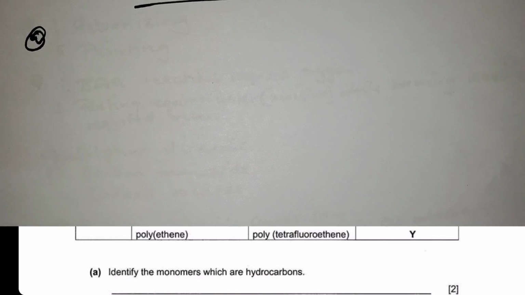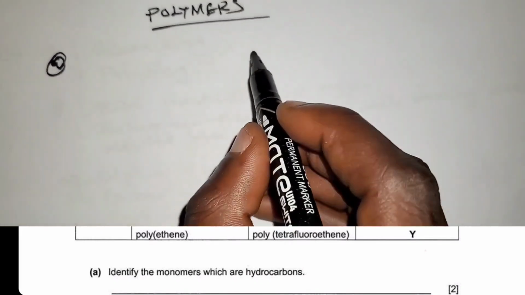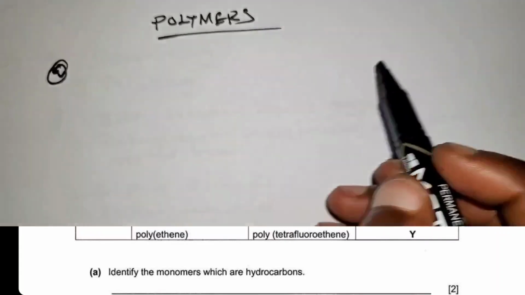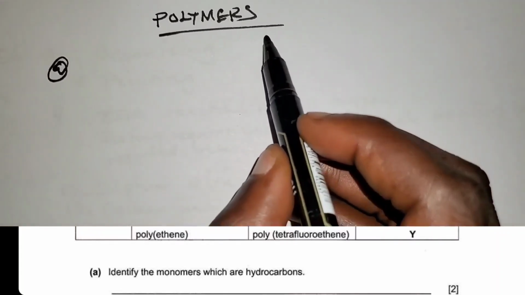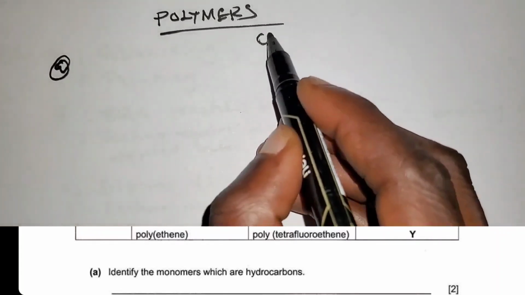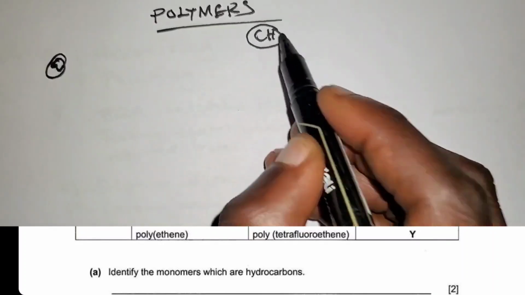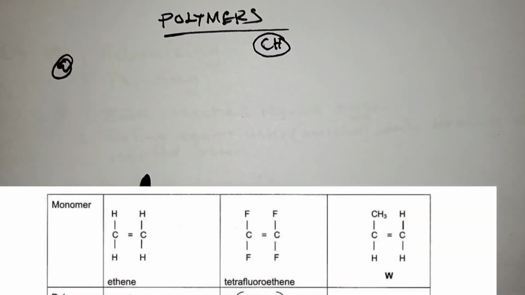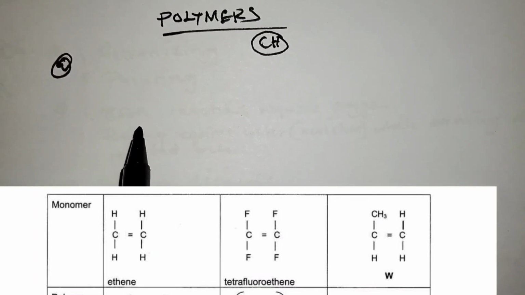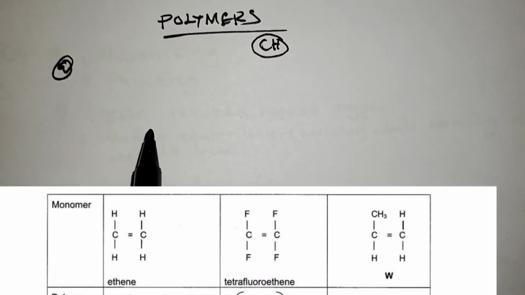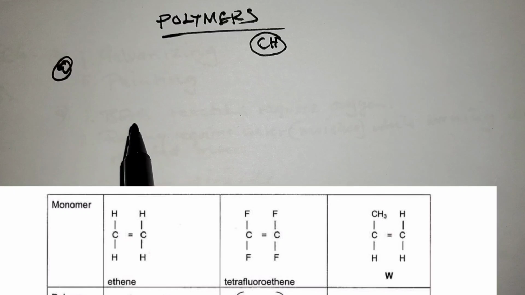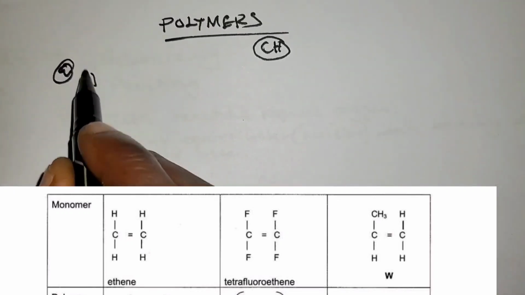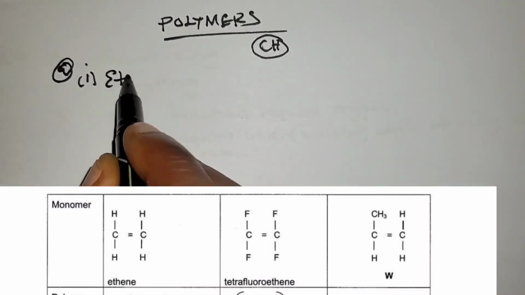Hydrocarbons are compounds made up of carbon and hydrogen only. When you look at the monomer ethene, there is carbon and hydrogen only, so you can say the first one is ethene.